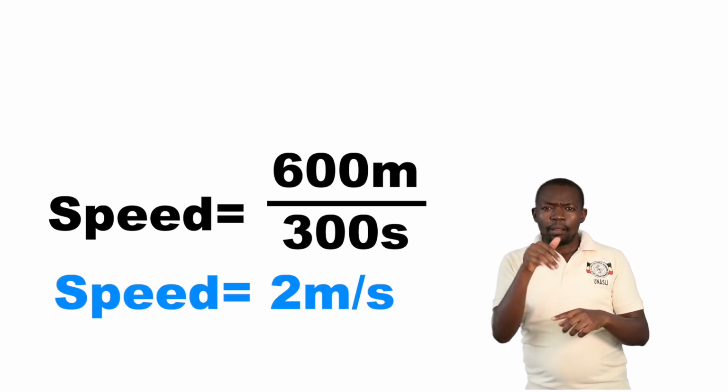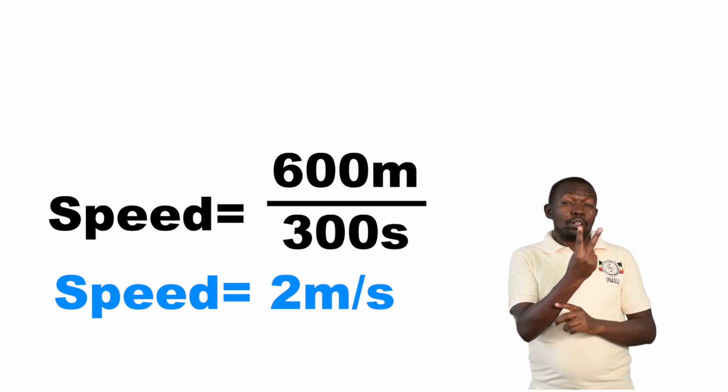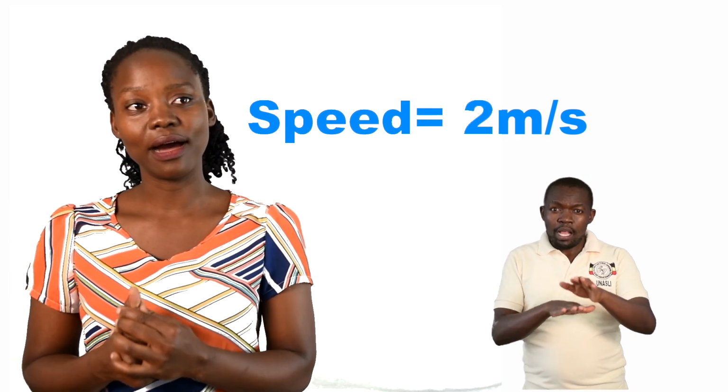What final answer do you get? Very good. 2 meters per second. Therefore, distance covered in a unit of time is the rate at which Jane moved. And Jane moved at 2 meters per second. That was her speed.